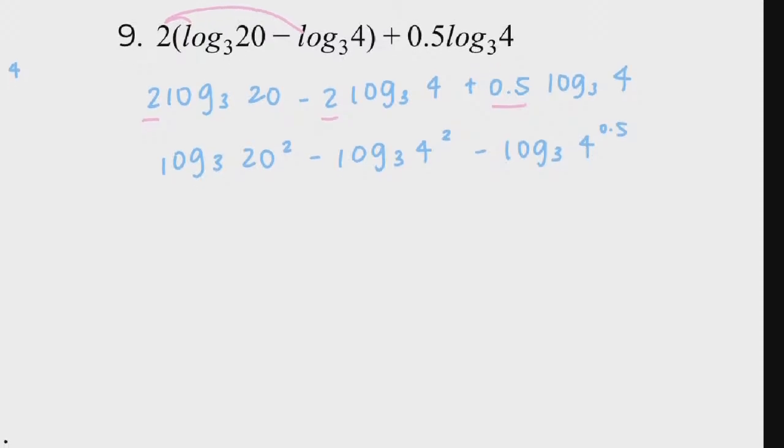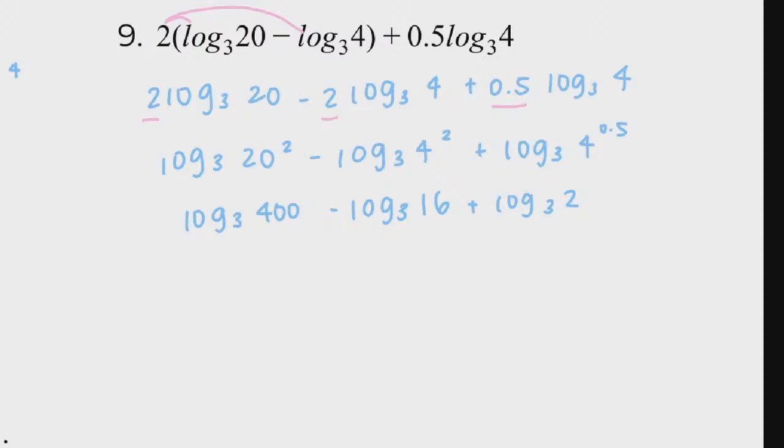Okay, so now we want to figure out what these numbers are. 20 squared is 400. 4 squared is 16. And 4 to the 0.5 power means 4 to the 1/2 power, which is 2, because it's the square root of 4.